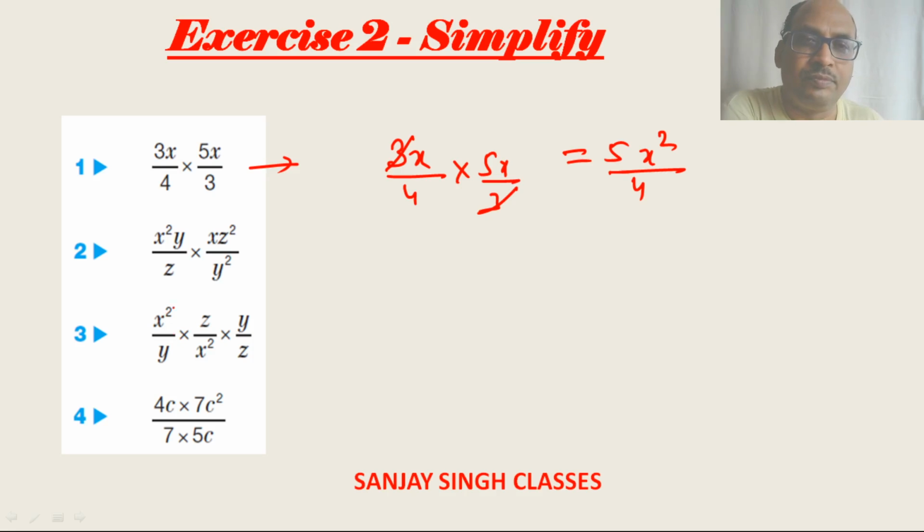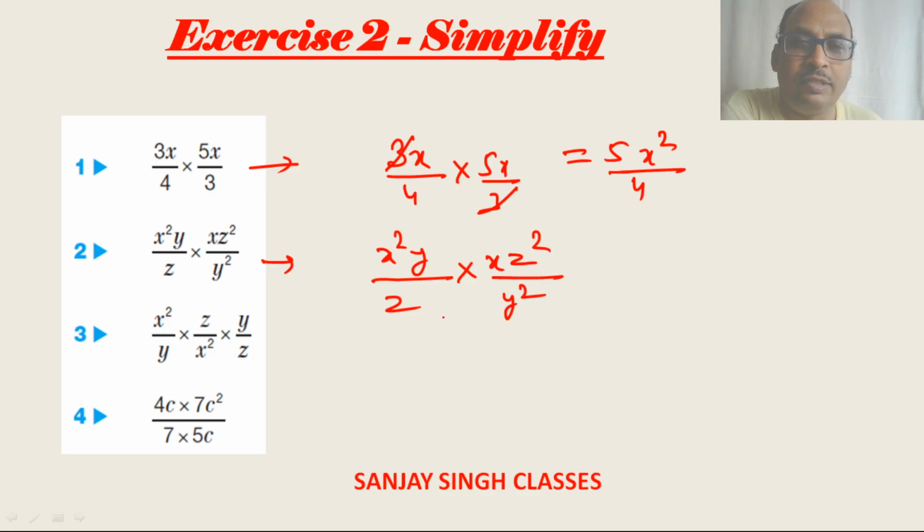Okay. So similarly here x square y by z into xz square by y square. So if you want you can do it like this. Simply multiply x square into x will give you x to the power cube.